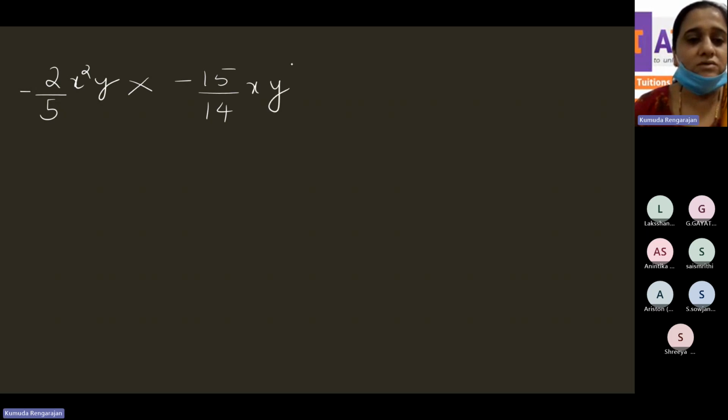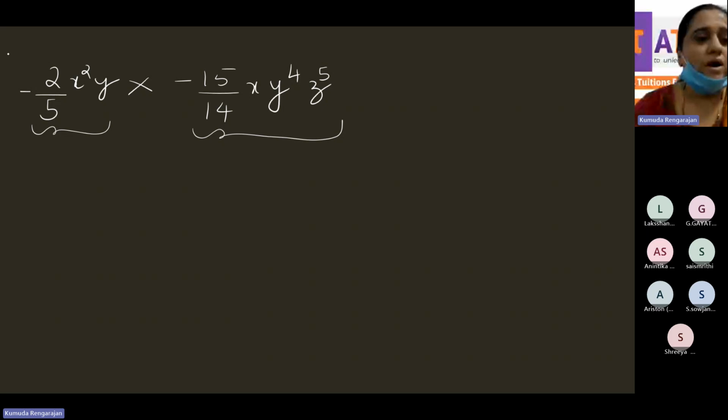All right. So let me make this minus 2 by 5 x squared y, into, say, minus 15 by 14 x y to the power 4 z to the power 5. So this is a monomial, and this one is also a monomial. So this is the product of two monomials.